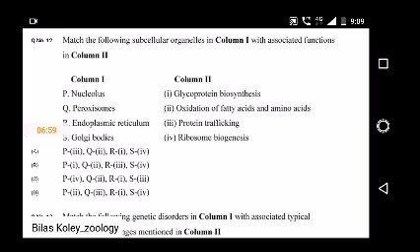And in column 2, its functions are glycoprotein biosynthesis, oxidation of fatty acid and amino acid, protein trafficking, and ribosome biogenesis. After right arrangement of column 1 with respect to column 2, the correct option is option C.